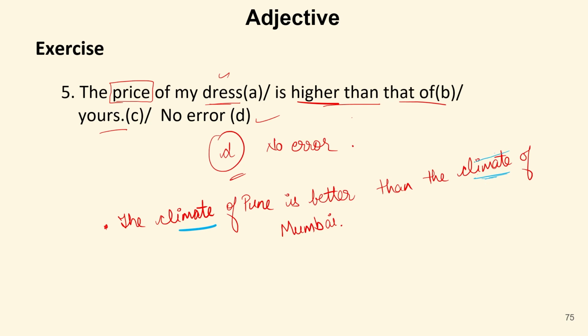We can say the climate of Pune is better than that of Mumbai. So, here the climate can be replaced with that, just as that was used in place of dress earlier. So the rectification in the sentence is that the climate should be replaced with that. So in this manner also, some questions can be asked from these types of sentences.